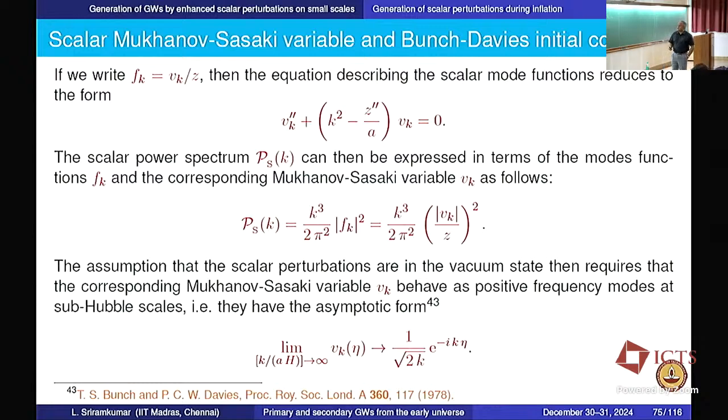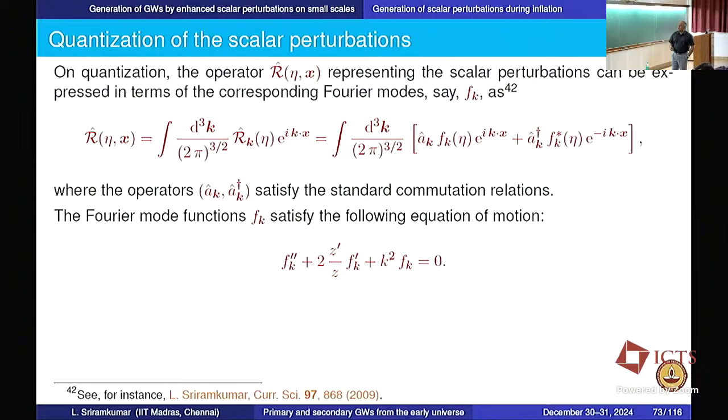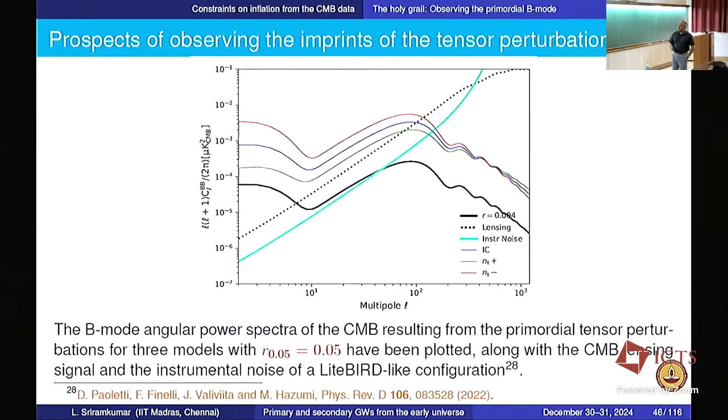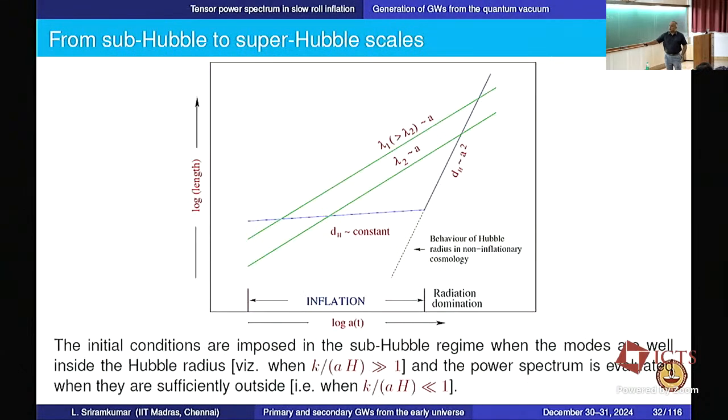Let me just go back to remind you what I had in mind. I need to go back quite a few slides here. Okay, so you are imposing the initial conditions. Remember, in the case of tensors, you impose these Bunch-Davies initial conditions because at very early times, the modes are well inside the Hubble radius. They don't feel the curvature of space-time. They behave like Minkowski modes, and you impose these initial conditions on the perturbations and evolve them.